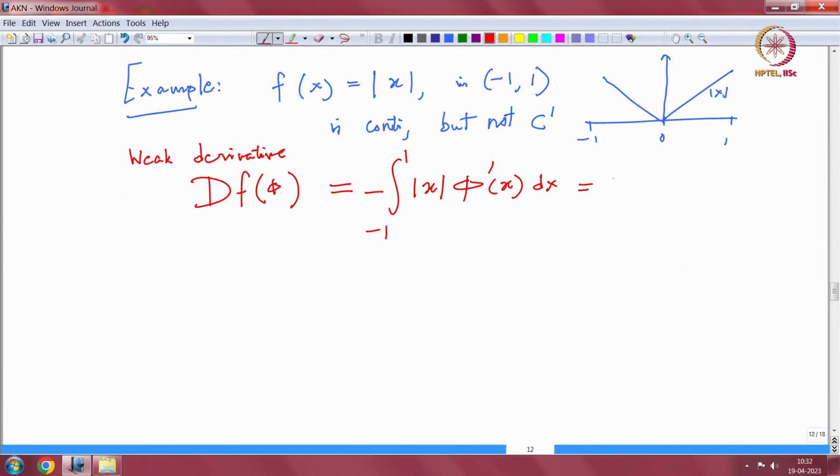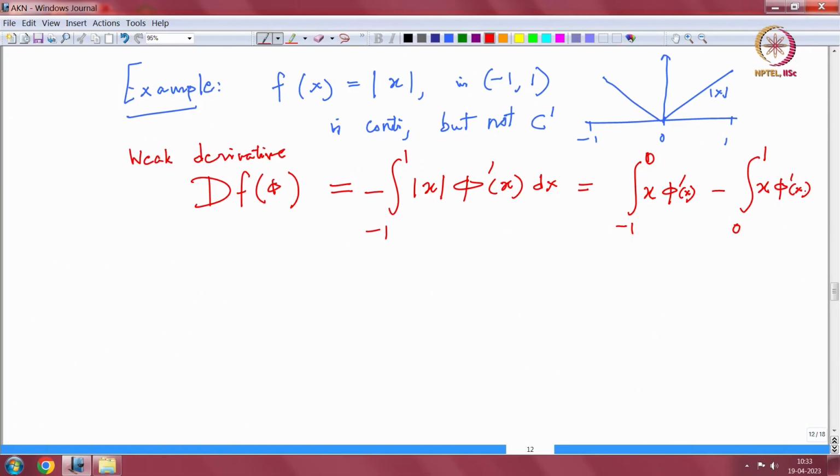So, I can write this equal to the integral from minus 1 to 0, and then I can write from 0 to 1. So, on minus 1 to 0, mod x is minus x, and you get minus x phi prime of x, and here you get minus because minus of minus. On 0 to 1, mod x is plus, so you get x phi prime of x.